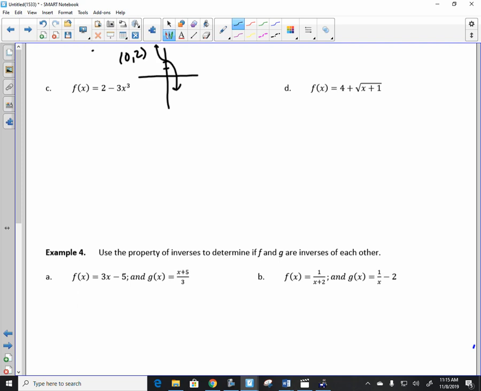They switch x and y values. So I'm going to go x is equal to 2 minus 3y cubed. Subtract the 2, x minus 2 is equal to negative 3y cubed. Divide by negative 3, x minus 2 over negative 3 is equal to y cubed.